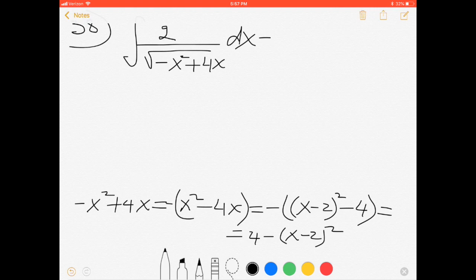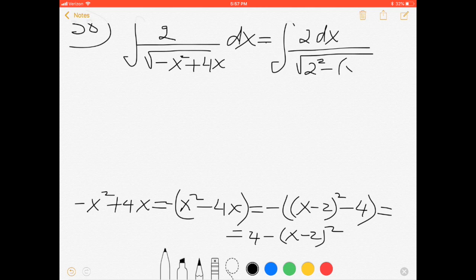Okay, this means my integral will be 2 dx, and here I have a root from 4, which means 2 squared, minus x minus 2 squared.